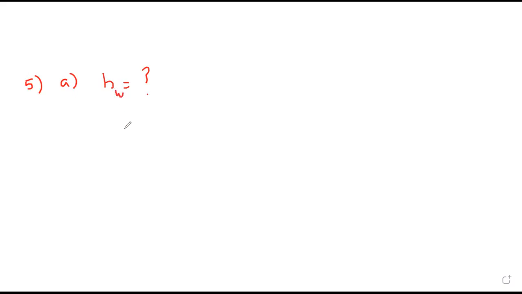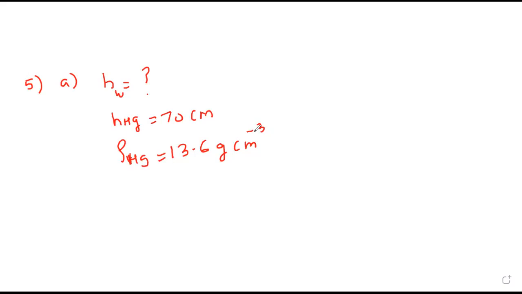Height of water column HW, which will exert same pressure as 70 centimeter of mercury. So height of mercury is Hg, 70 centimeter. Density of mercury rho Hg is 13.6 gram centimeter raised to minus 3. All are in CGS so far.